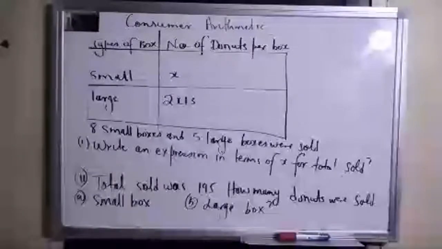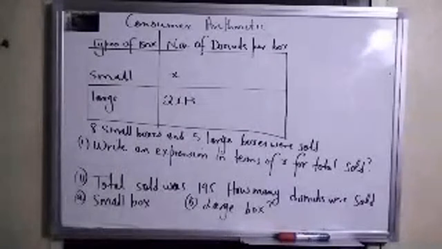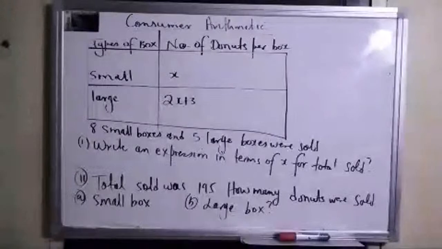And then if the total was 195, how many donuts were sold in each small box and in each large box? Let's see how you guys handle that, and then we can proceed.